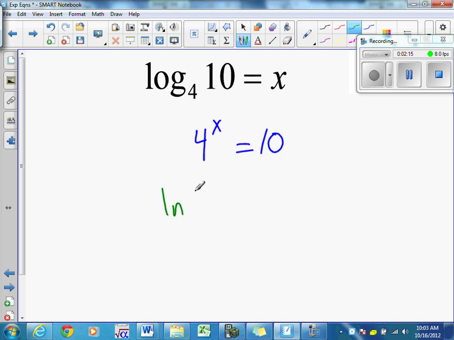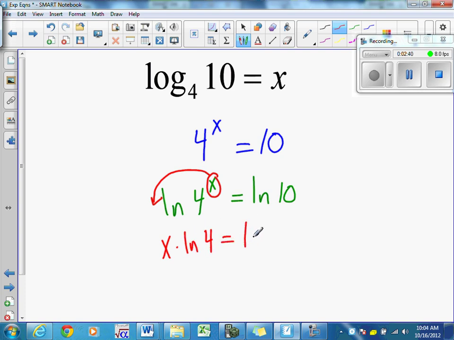Let's take the natural log of both sides. So natural log of 4^x equals natural log of 10. Now, by my properties of exponents that we know, this number in front can come out in front. So x times natural log of 4 equals natural log of 10.